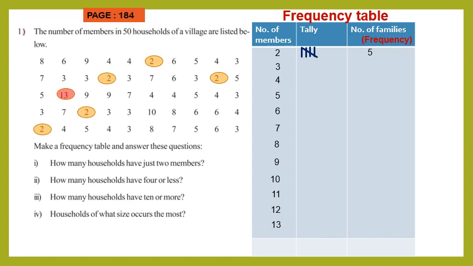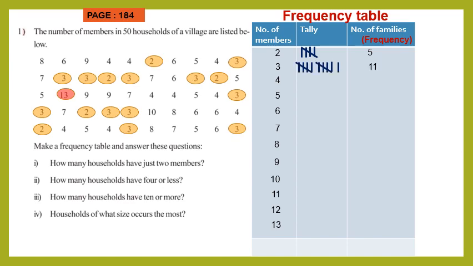Next, find the number of households that have 3 members. The same way we get 11 households. Then write 11 here. Next, households that have 4 members. We get 9. Then write 9 here.